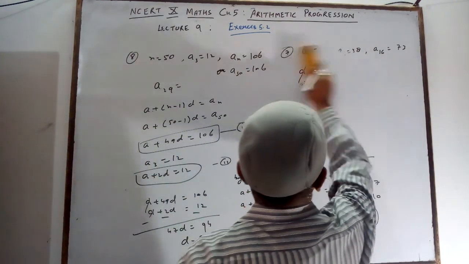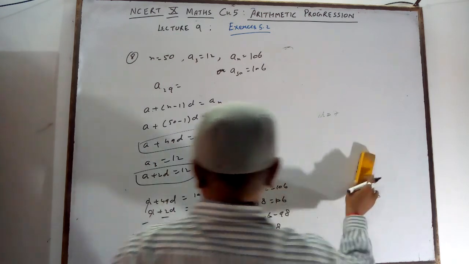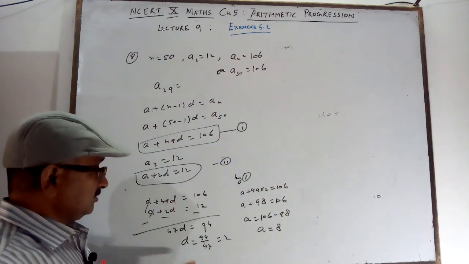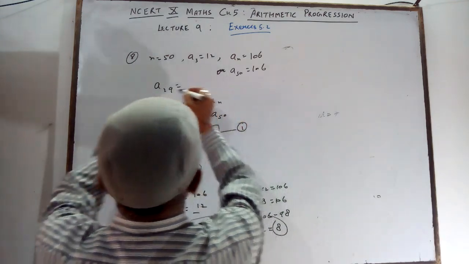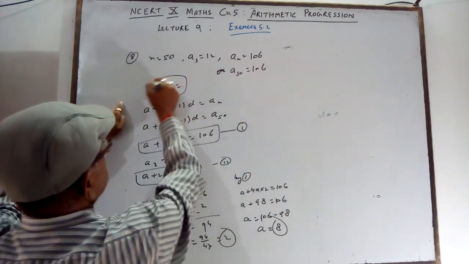Now A you are getting and D you are getting. The question is you want to find out A29.